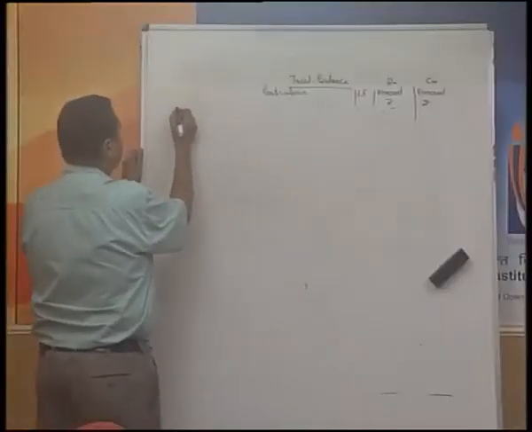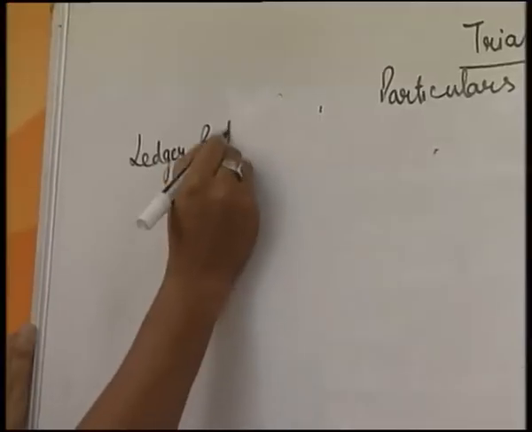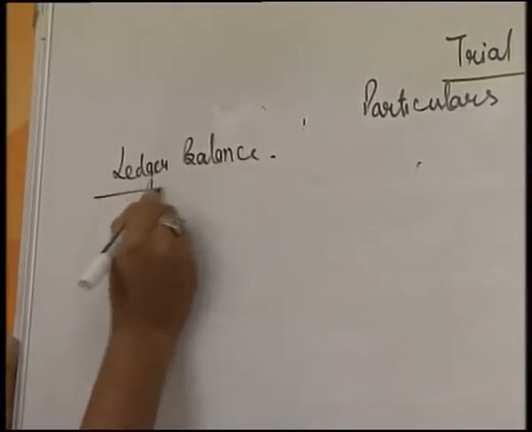Say we are going to have certain ledger balances. This is going to be given to you in the question.